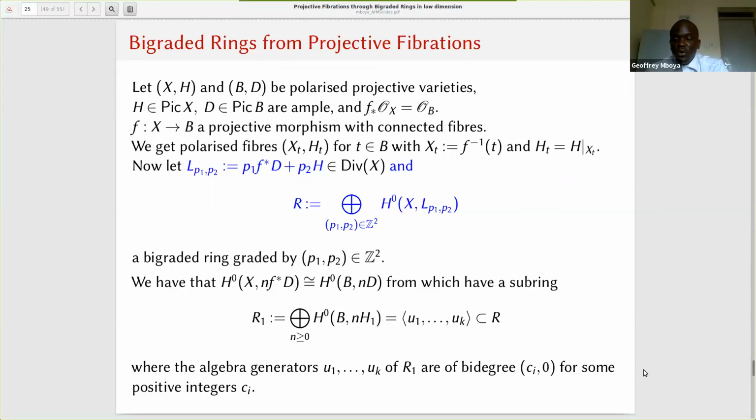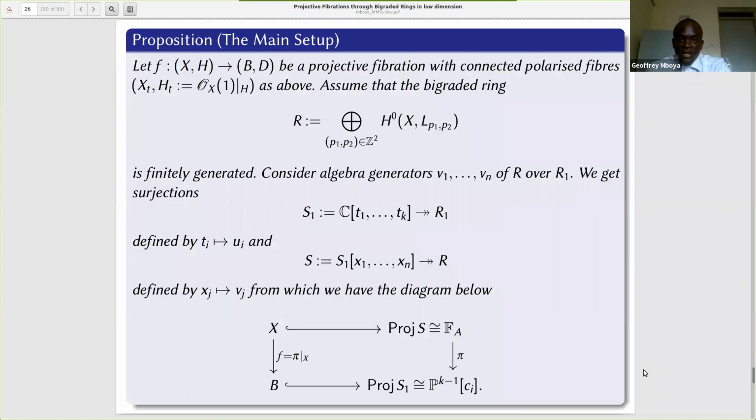I can explain this further for someone who is interested in understanding how, for example, the sections on the base are exactly the sections upstairs when you look at the weight, sorry, the character (p1, 0).